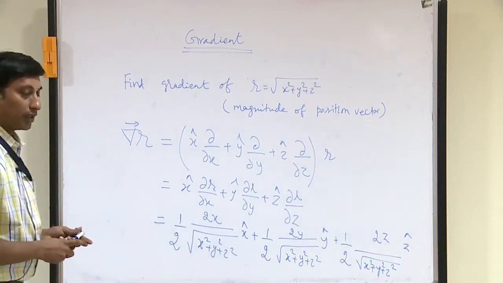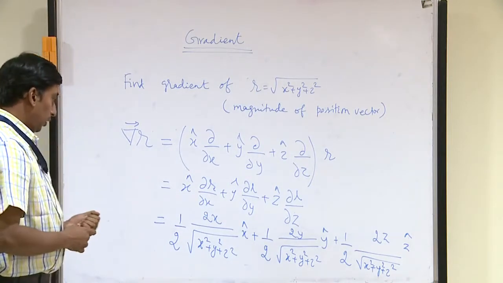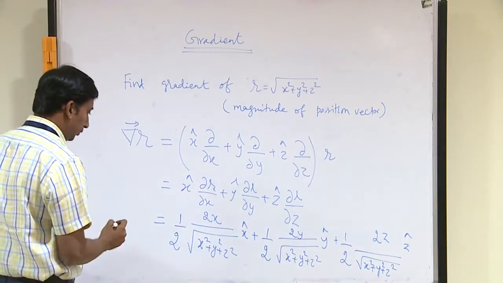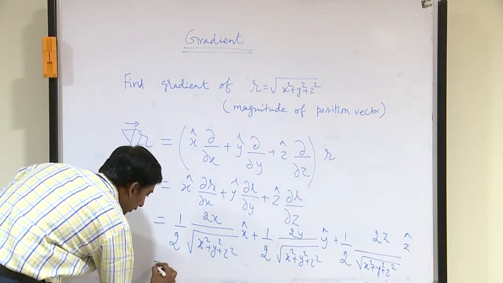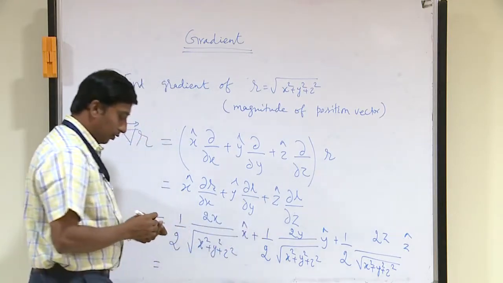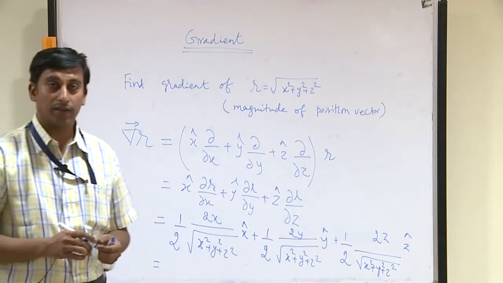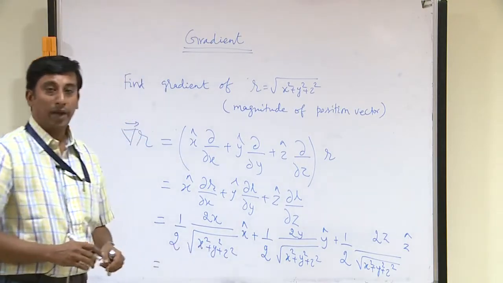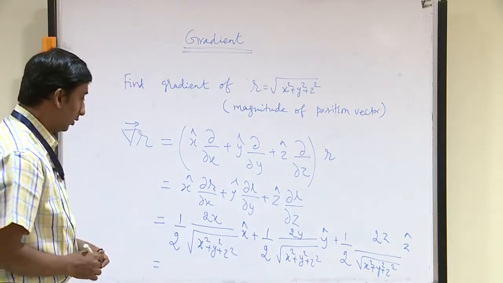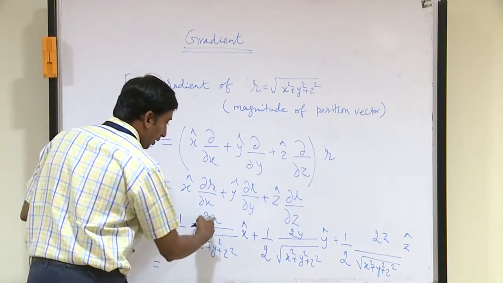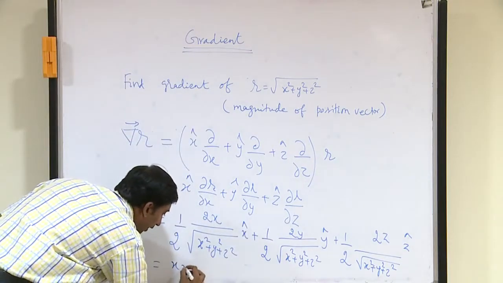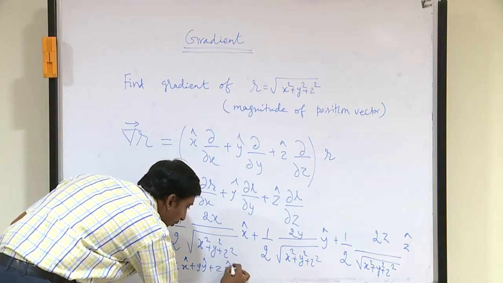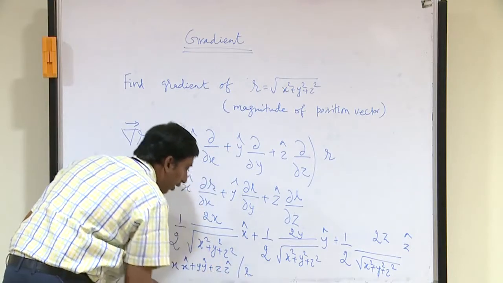Can you simplify this further? What will that give you? So the 2 in the numerator and denominator will cancel. And what is this? This is nothing but magnitude of the radial vector, position vector r. And so you get x cap plus y cap plus z cap divided by r.